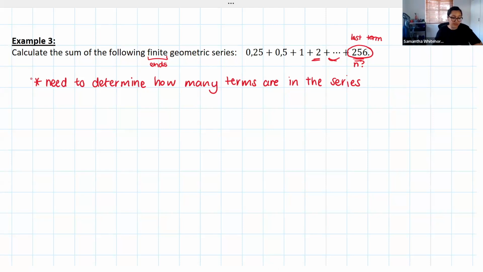Well, let's think of it in terms of what we have. So I've got A. I can work out R quite easily. I don't have the sum, that's what I'm wanting to find, but I do have the value of my last term. I know that the value of my last term is 256. And because we have a term value, that's really, really important.